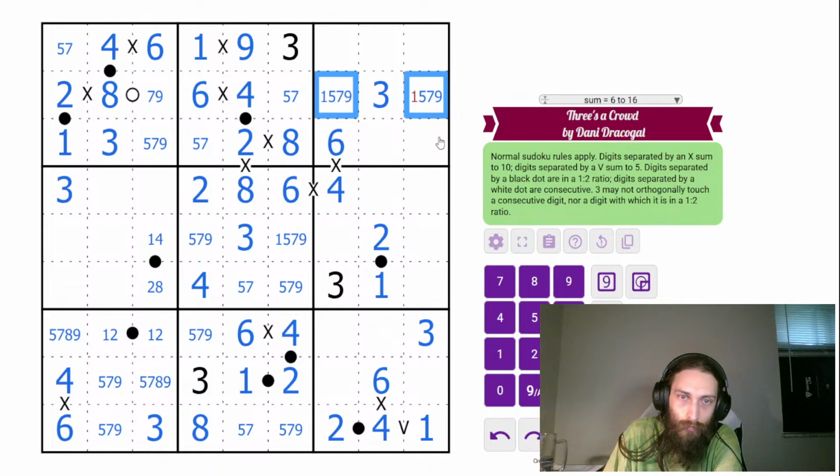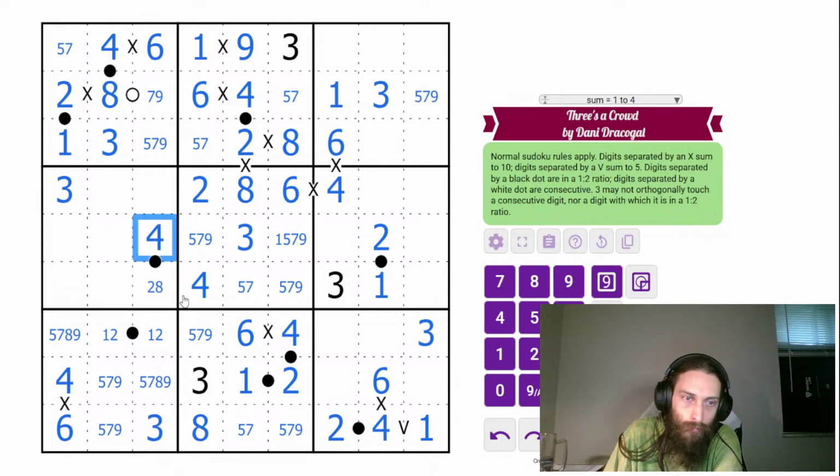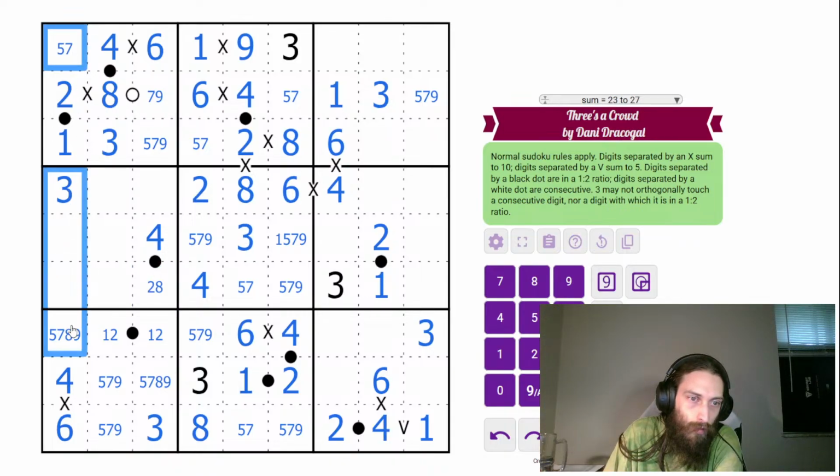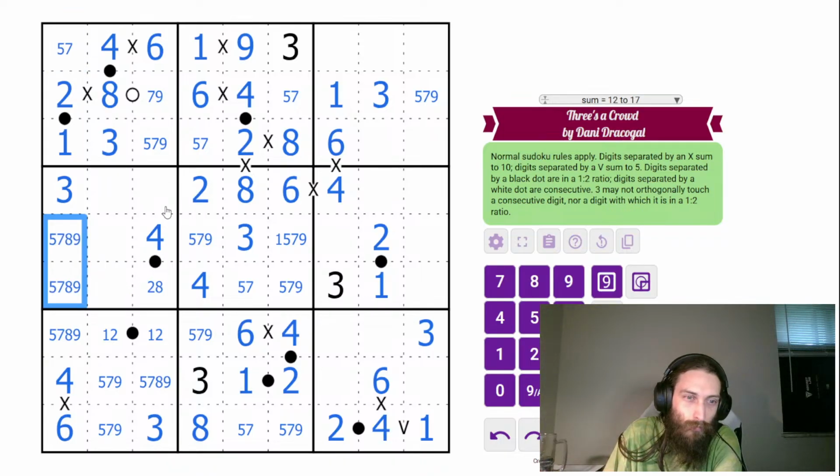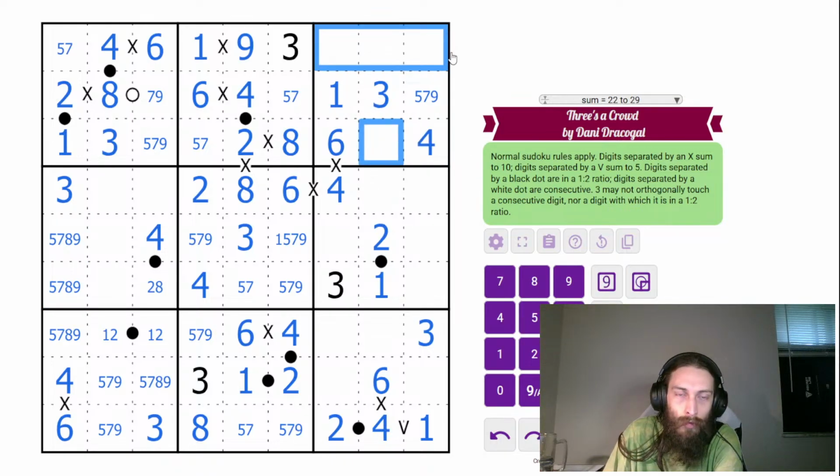Or can be placed in box 4. Doesn't fix that yet. 5, 7, 8, 9. Or can be placed in box 3. That should be the last one. 2, 5, 7, 9.